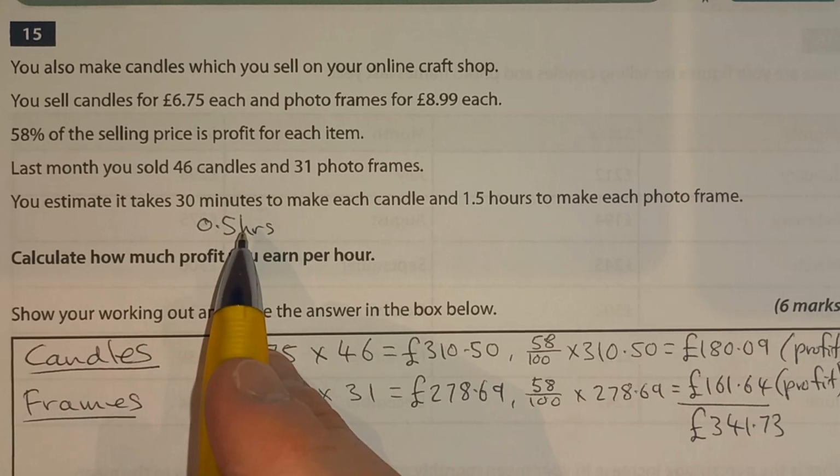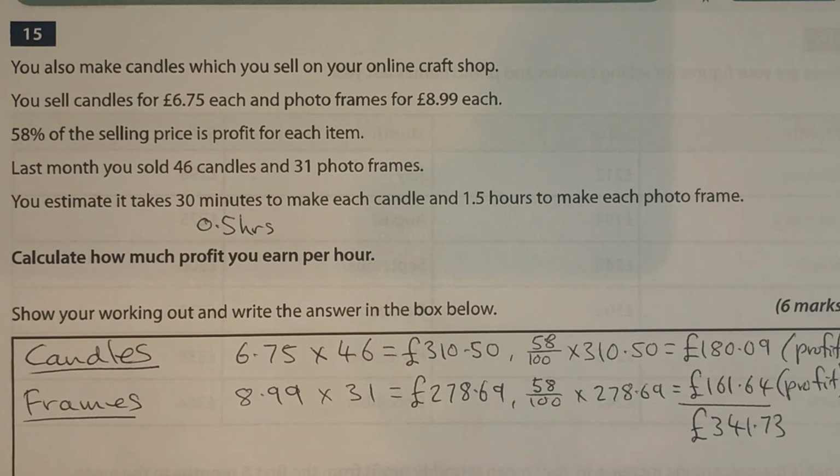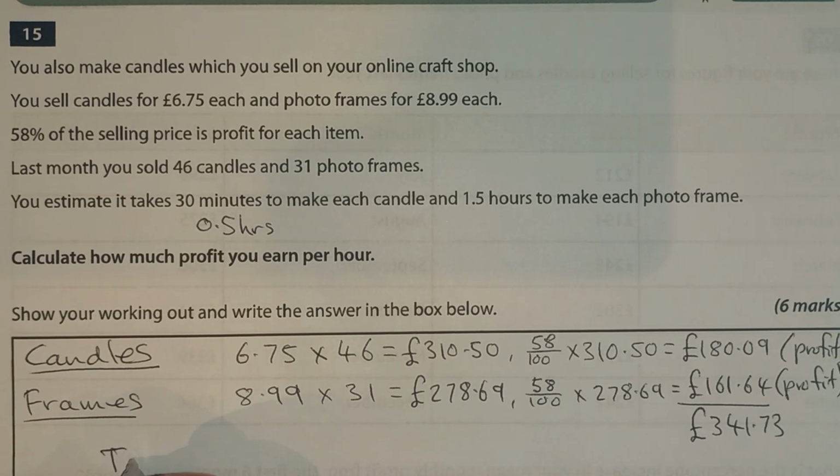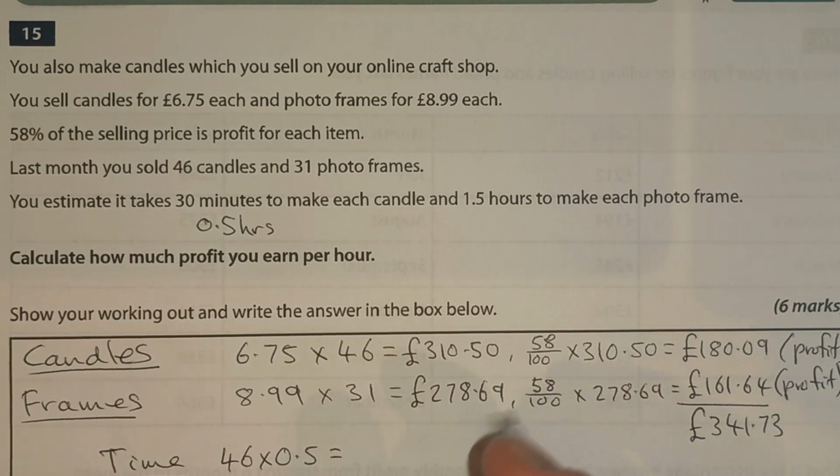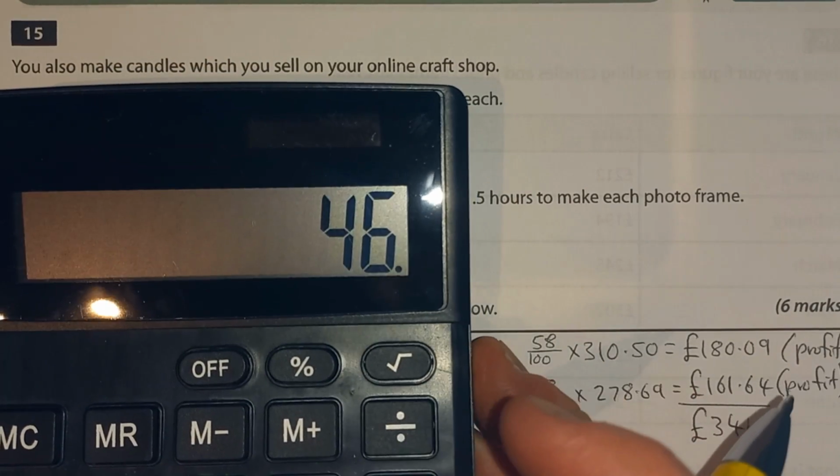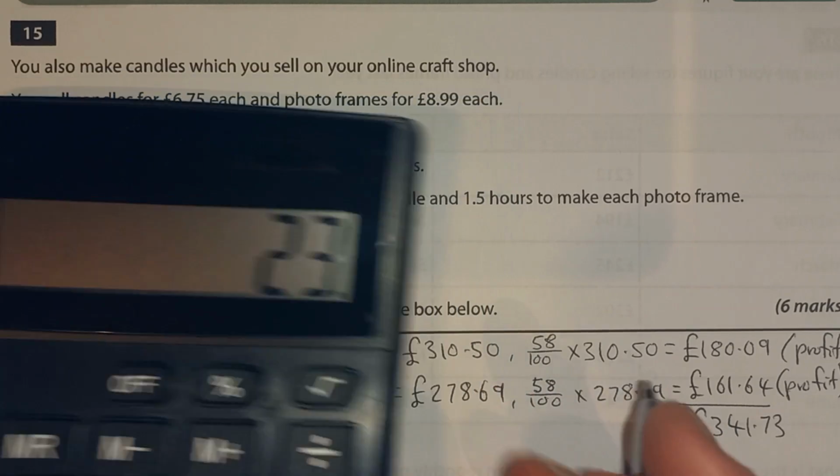So if we've got 46 candles, so let's do time. 46 candles, half an hour each, so that's times 0.5. That's 23 hours.